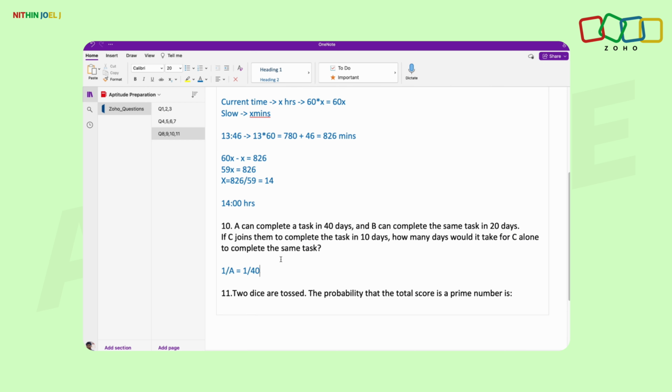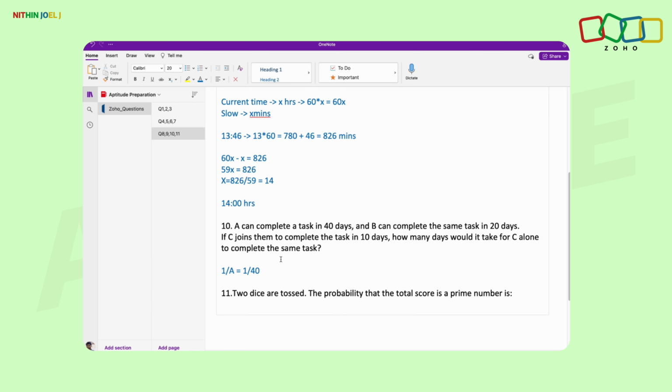This is because, let's consider we take a single work to do for 2 days. At the end of the first day, we will have completed half of the work, which is 1 by 2. Let's consider if we take 4 days to complete a work. At the end of the first day, 1 by 4th of the work will be completed.